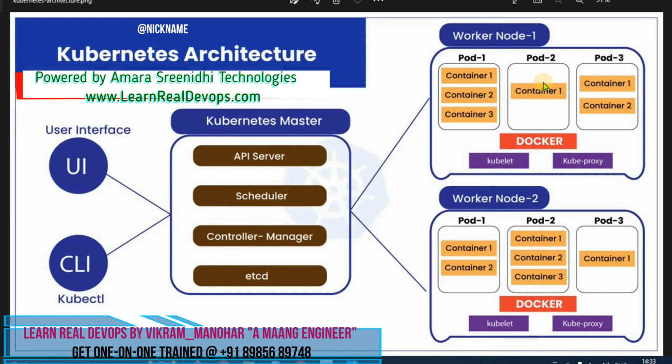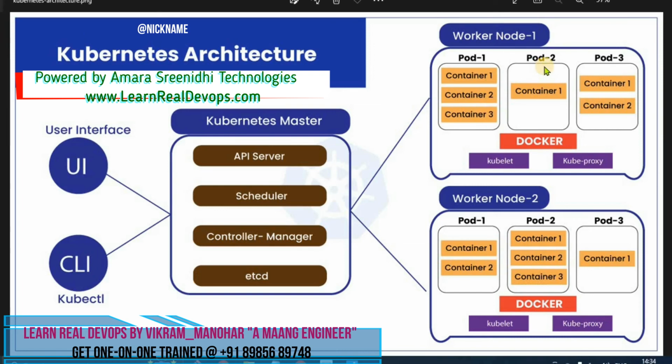Now, you might have heard something called replicas in Kubernetes. If your requirement is to have 2 replicas of the container, then Kubernetes will create 2 pods. Getting the point?